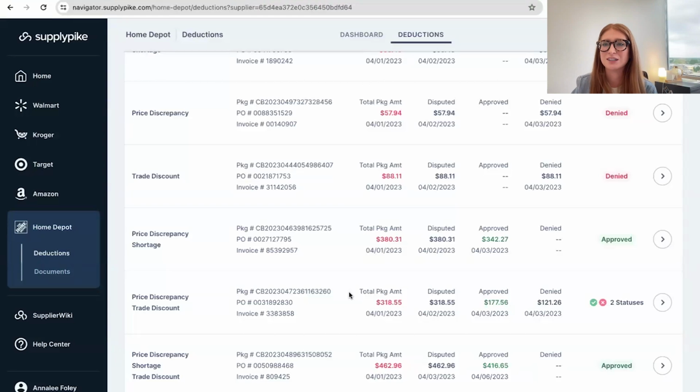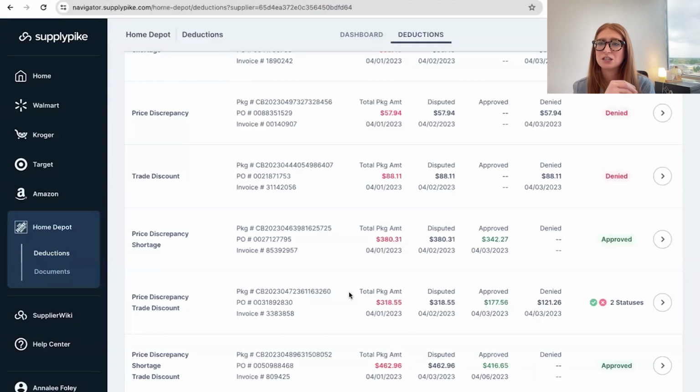Yeah, great question. So for right now, we're really just focused on the AP side. But since we're so new, we're really trying to understand too, we knew that AP deductions were the biggest pain point with Home Depot, but what's that next biggest pain point? So it seems like we're getting a lot of feedback, especially after launching Home Depot, that compliance is an issue.